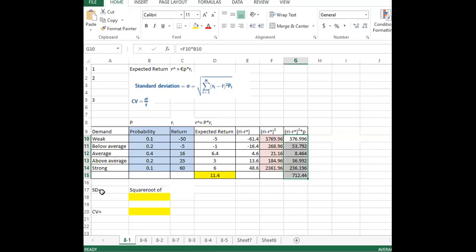So for standard deviation, we need to calculate square root of 712.44. So in this next step, we take square root.